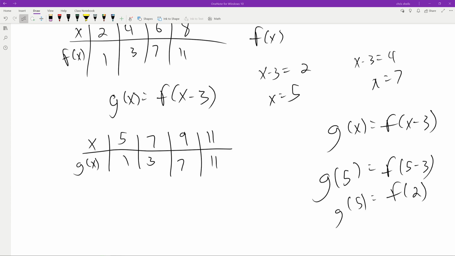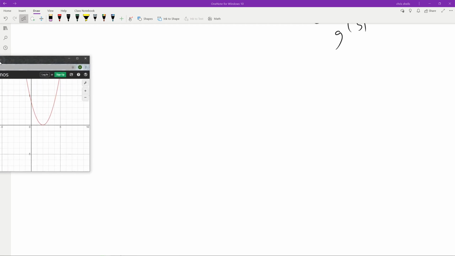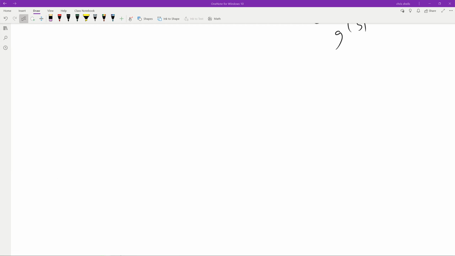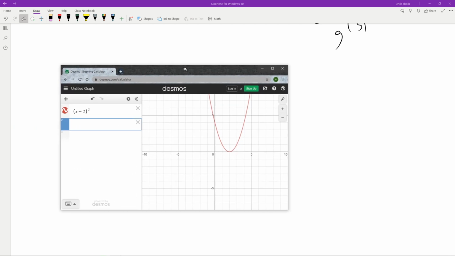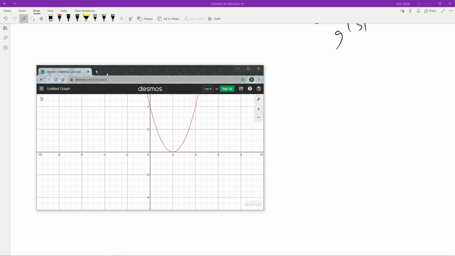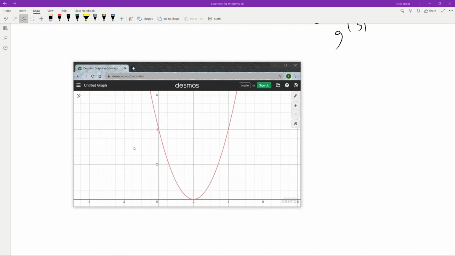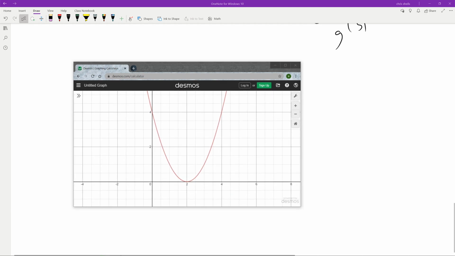So let's look at this graph. Oh, I didn't mean to. Well, I gave it away here, but that's okay. We can still look at this and figure out what's going on.